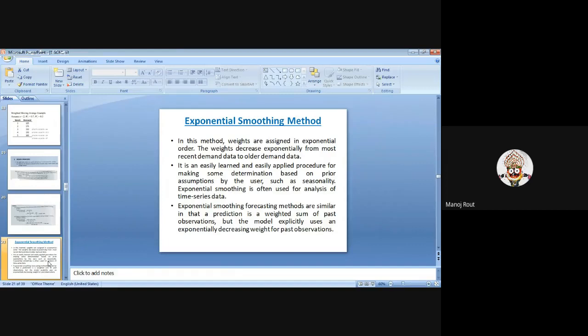Exponential smoothing is often used for analysis of time series data. And the last point, exponential smoothing forecast methods are similar in that the prediction is a weighted sum of past observations, but the model explicitly uses exponentially decreasing weights for past observations. I will explain all the things in the next part.